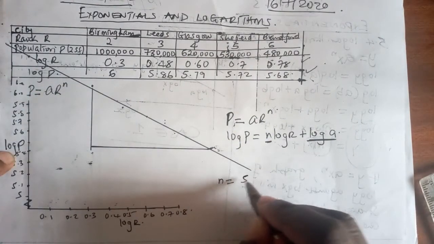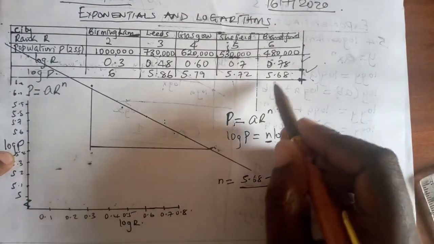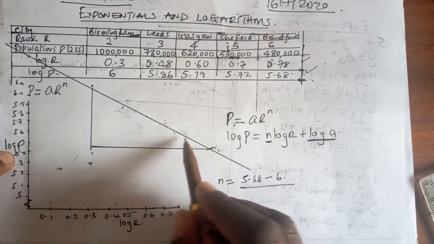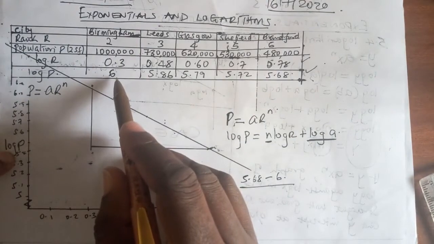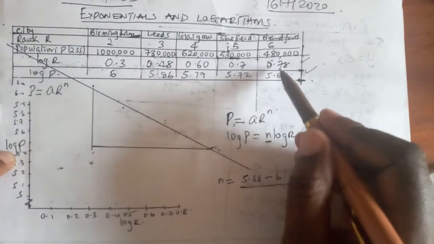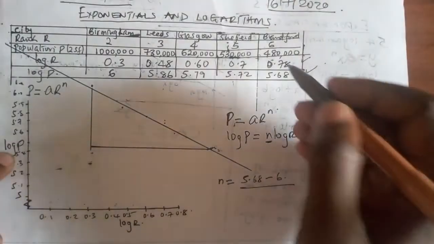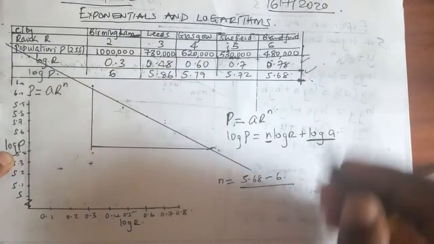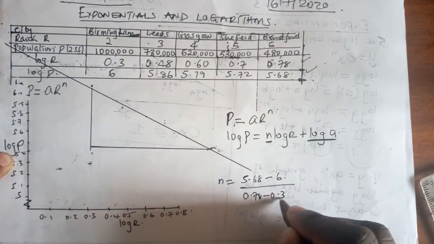That means 5.68 minus 6, because at this point y is 5.68, and in the beginning y was 6, all over the change in r, which at the very last point is 0.78 minus 0.3.